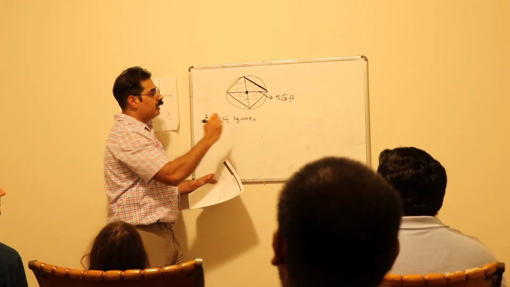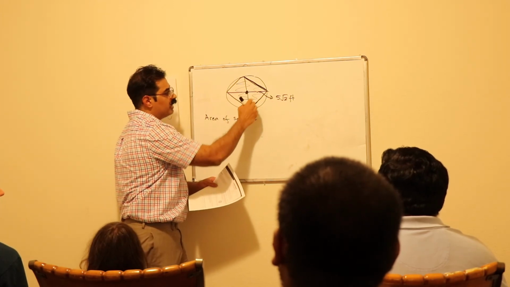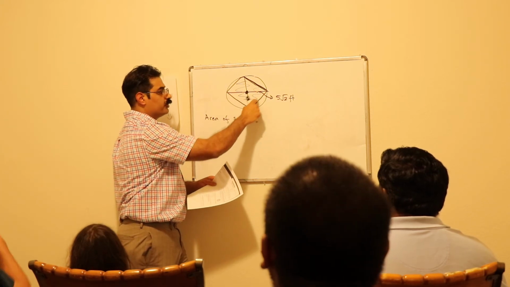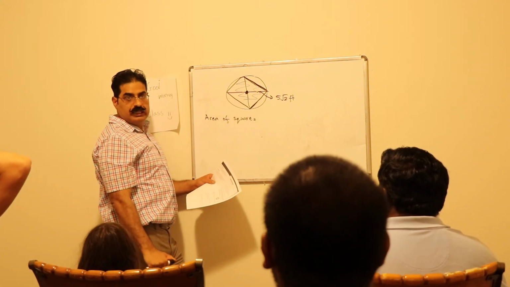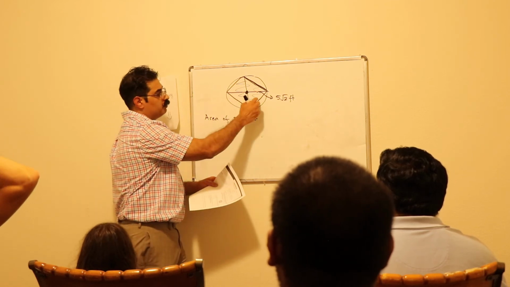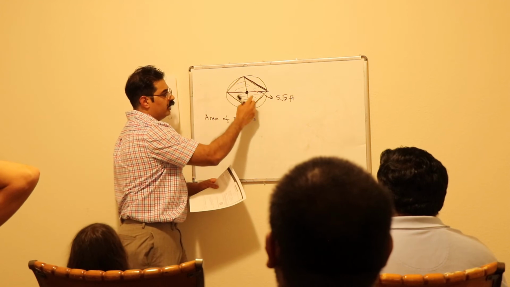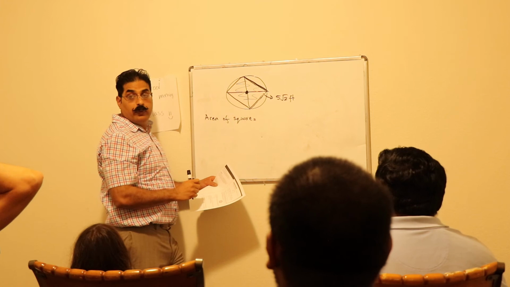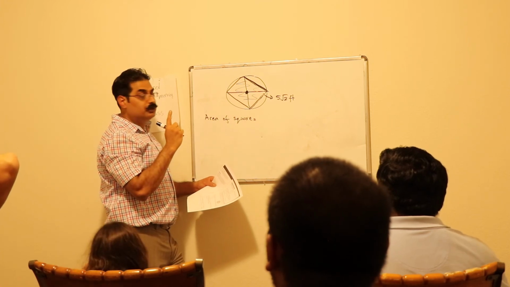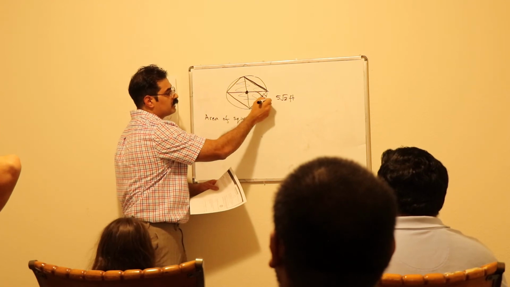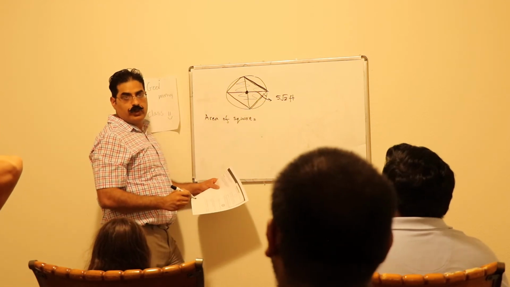Now, the measure that they've given us is 5 square root of 2. Is this the side of the square? No. That's the key observation. So the first step should be to find the side of the square.